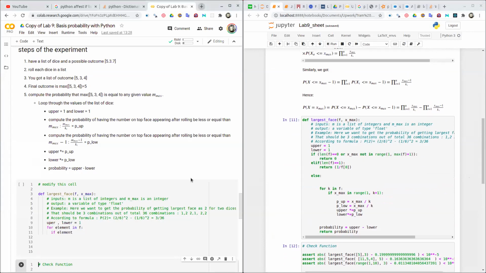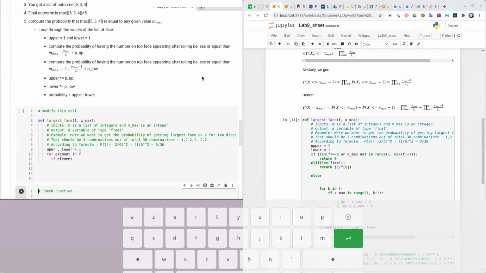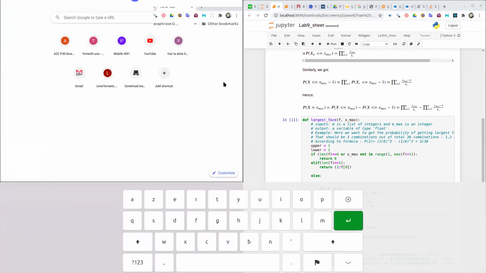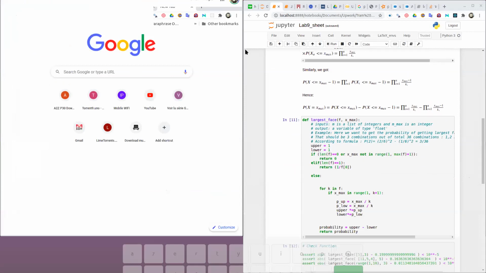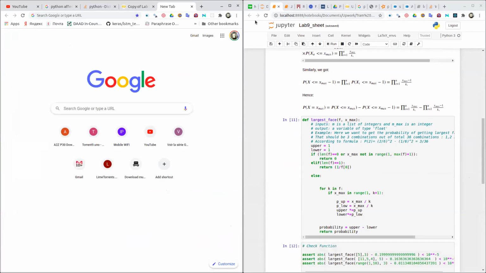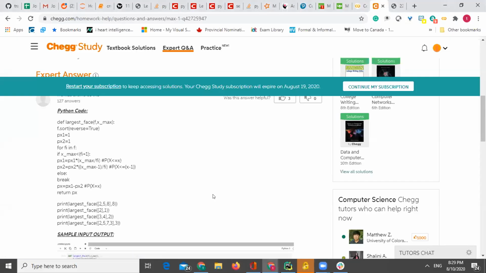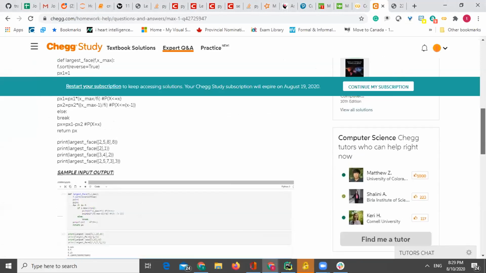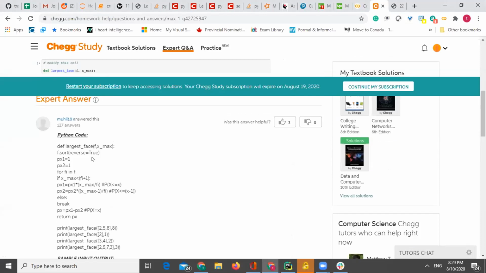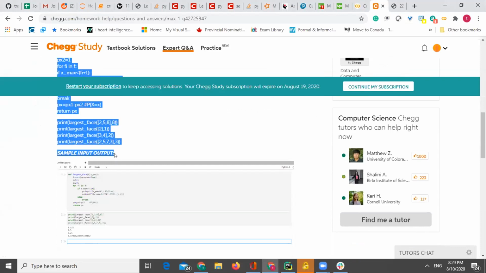Okay. Can you see this? Yes, I can. Okay, so I don't understand how these people get the answer, but let's try to see if it's correct first.